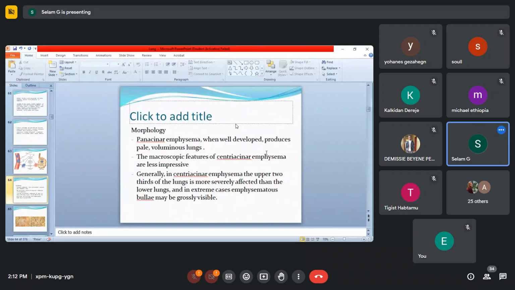Generally, in centriacinar emphysema, the upper two-thirds of the lung is most severely affected, and in extreme cases, emphysematous bullae may be clearly visible. A bulla is an air-filled circular membrane-covered structure occurring at the pleural surface. The downside of developing a bulla is that it could rupture and the air may leak and pneumothorax may occur, which is a life-threatening condition.